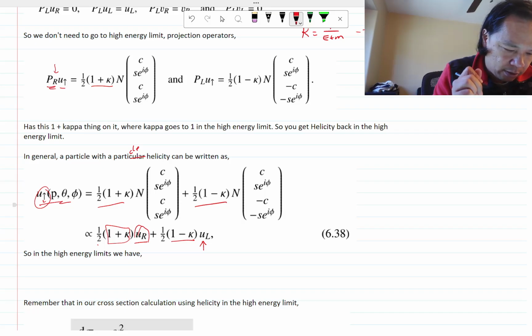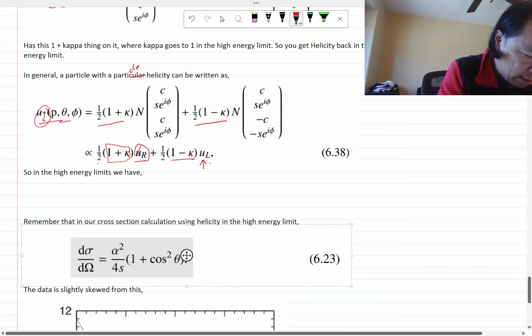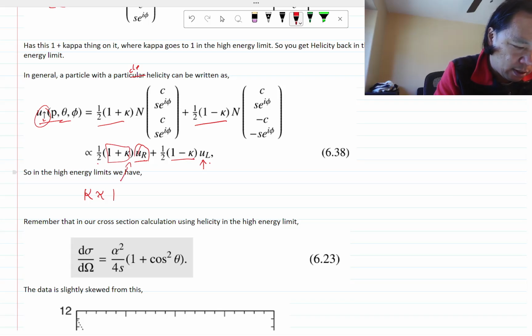The opposite is true if you start with the helicity down state. So you're going to swap basically the R and the L. Okay. And once again, in the high energy limit where kappa is basically 1, then U up basically turns into UR, and then U down basically turns into UL. Okay.